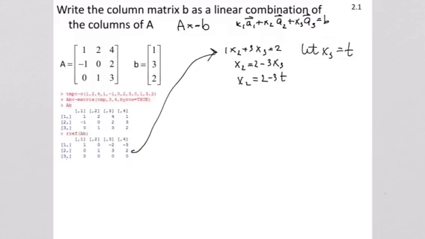Now we'll interpret the first row of the reduced row echelon form. We have 1x1, 0x2, minus 2x3, equal to negative 3.